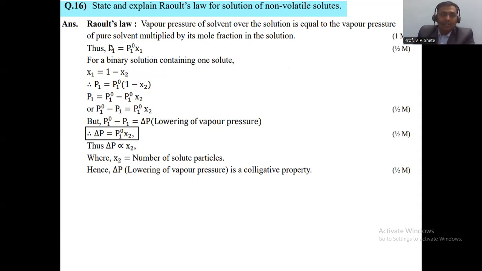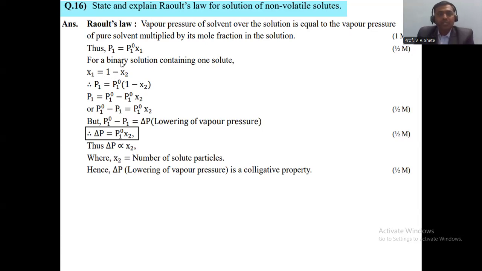The partial pressure of any component is always equal to the vapor pressure of the pure component multiplied by its mole fraction. If x1 is considered as 1 minus x2, how does it become? x1 plus x2, the total mole fraction, is always equal to unity. So x1 plus x2 is equal to 1, and the value of x1 will be 1 minus x2.